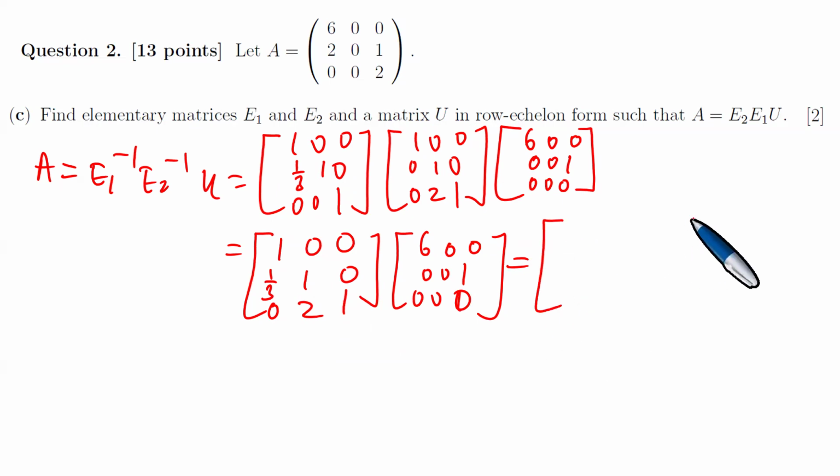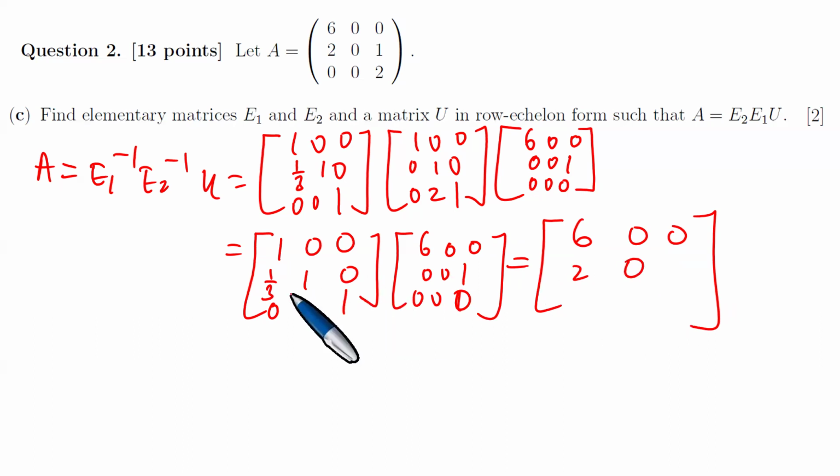Then we continue with the multiplication process. We multiply this with that, and we get a 6. Then a 0, a 0, a 2, a 0, a 1, a 0, a 0, and a 2.